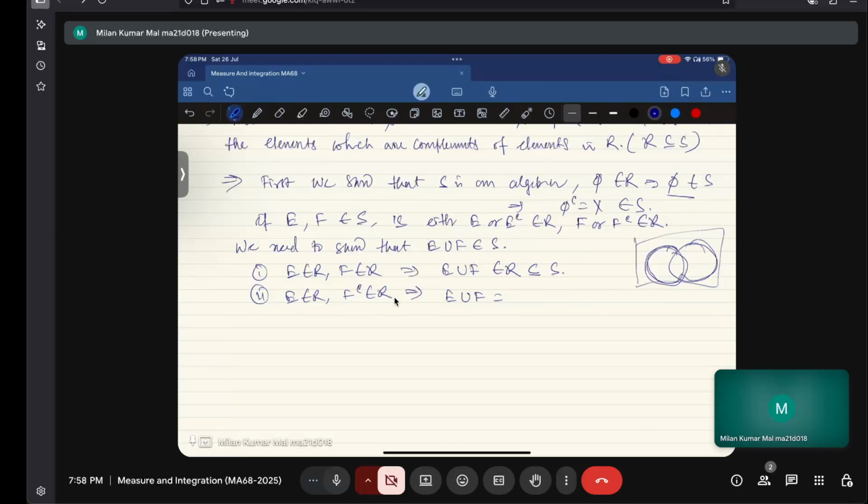As E is there and F complement is there, E intersection F complement is there, that is E minus F is there.